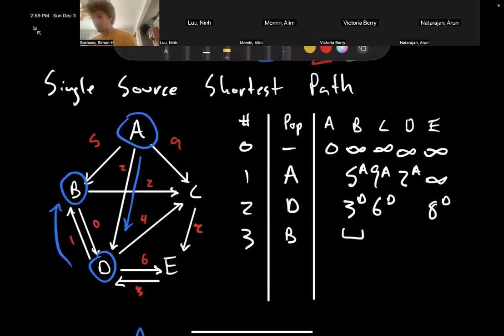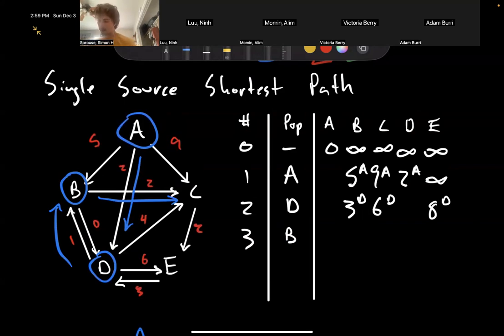Let's see. So B can discover C with a combined cost of... Okay.